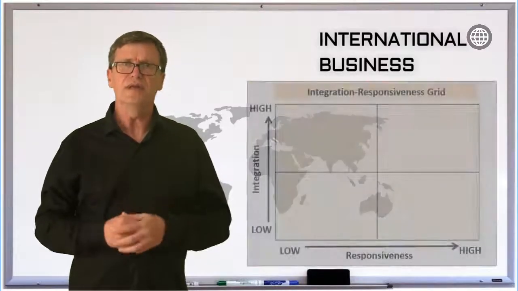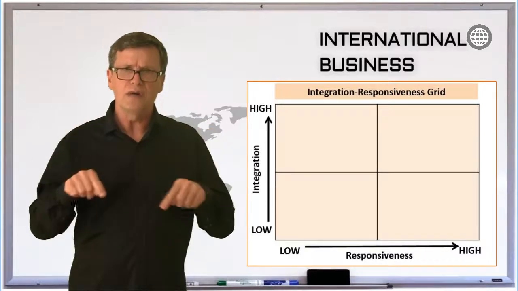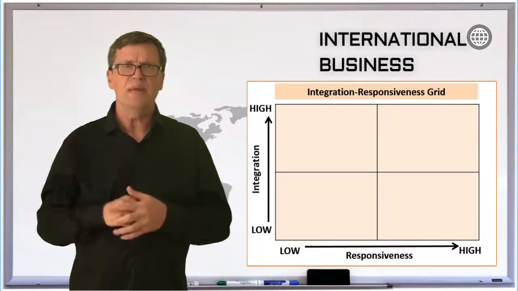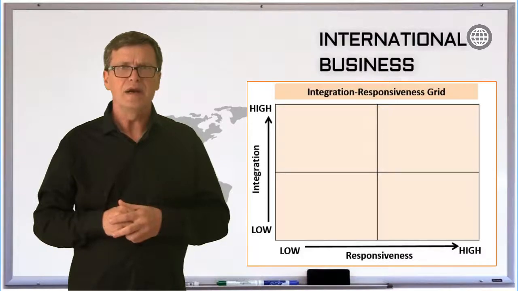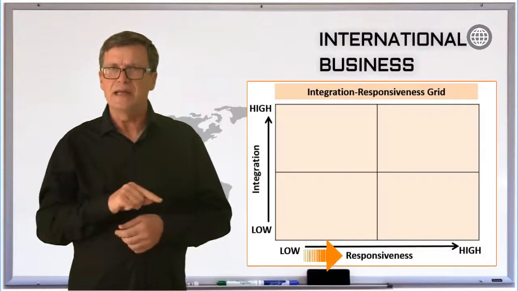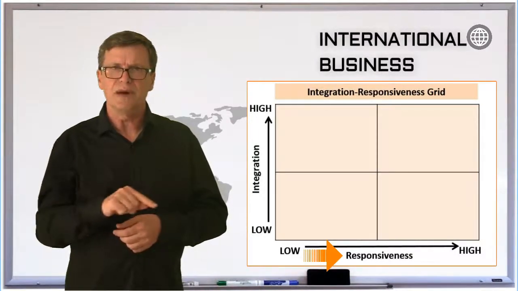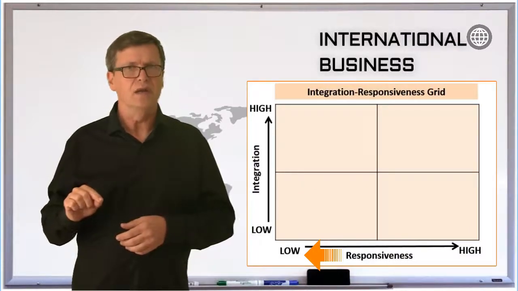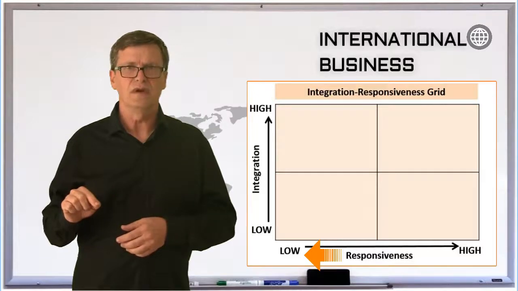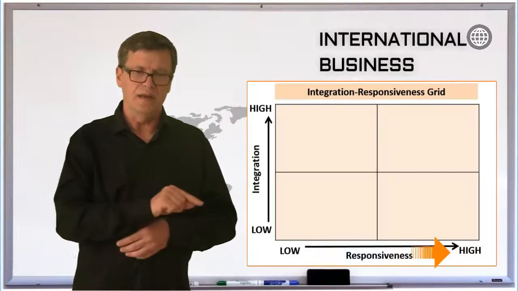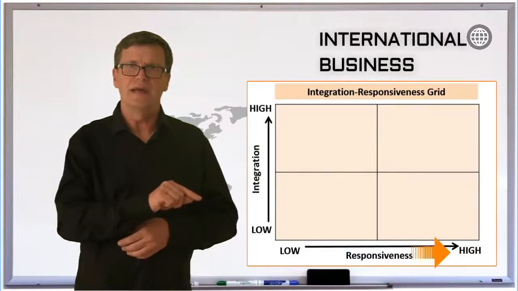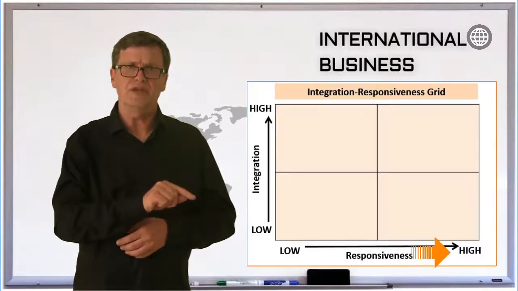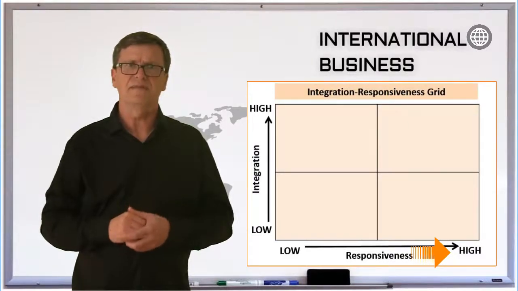You could start doing that by drawing a 4-quadrant grid on a piece of paper. On the bottom of that grid, you write industry pressure for responsiveness. On the bottom left, you write low level of pressure for local responsiveness. And on the bottom right, you write high level of pressure for local responsiveness.